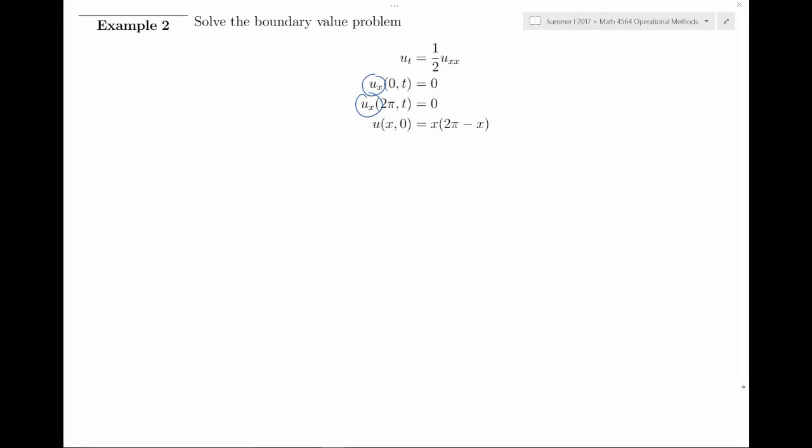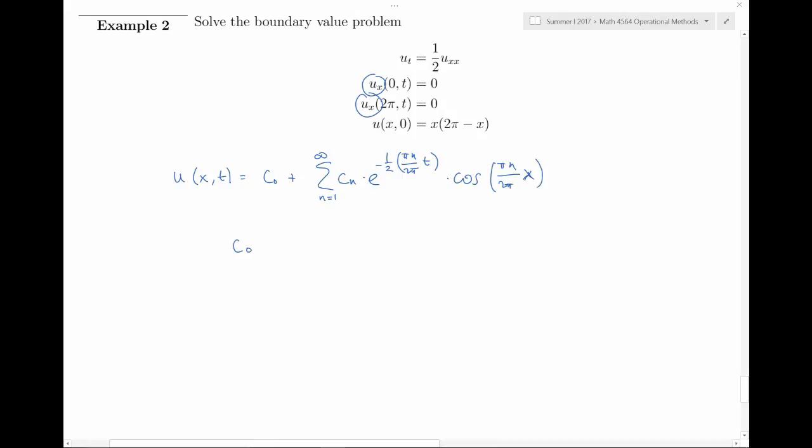The constant kappa is 1/2, therefore the solution u(x,t) would be equal to c0 plus the sum of cn, n going from 1 to infinity, times e to the minus 1/2 (pi n over 2 pi) squared t times cosine of pi n over 2 pi x.